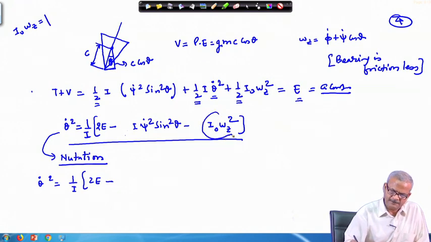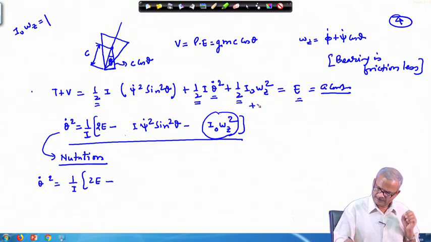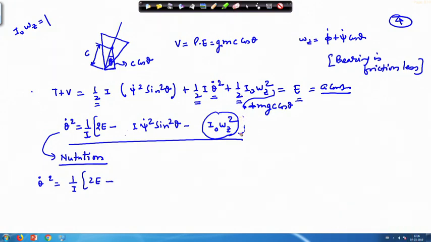Okay. So, this quantity we can reformulate. Here the potential energy term we are also missing out, this is m g times c cos theta, so we need to account for this in this equation also, minus m g c times cos theta, and there will be a factor of 2.